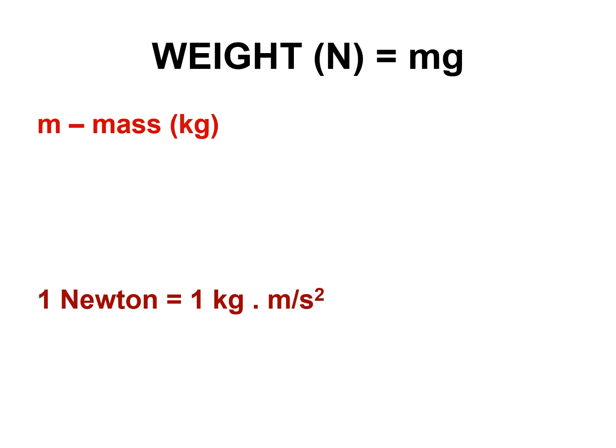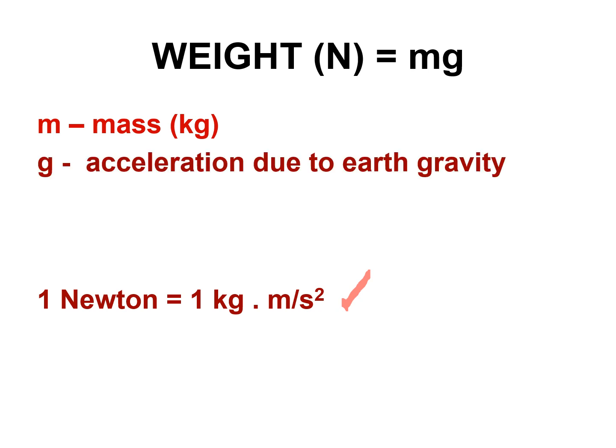So every time we are looking at weight on Earth, we need to convert that into Newton. This is the unit of Newton. 1 Newton is equal to 1 kilogram meter per second squared, the acceleration due to gravity on Earth.